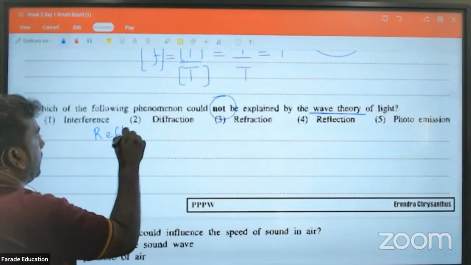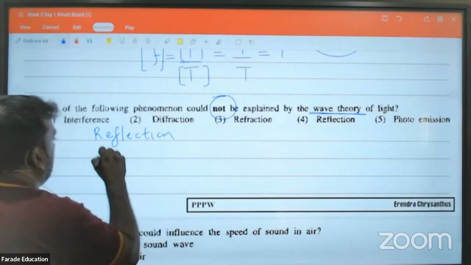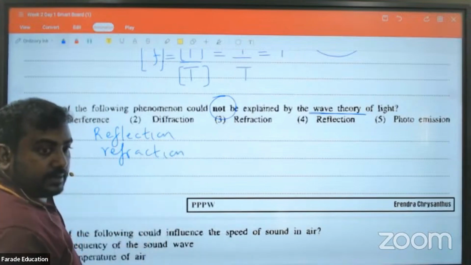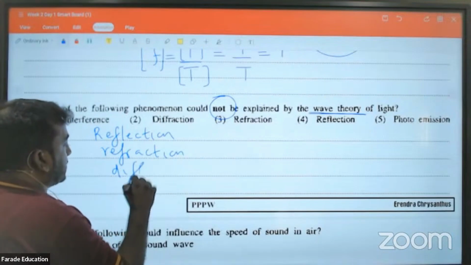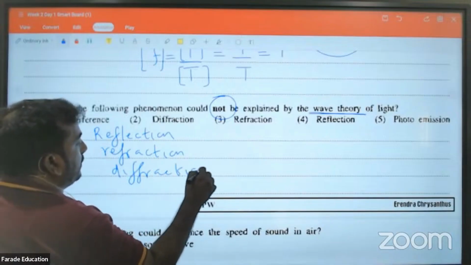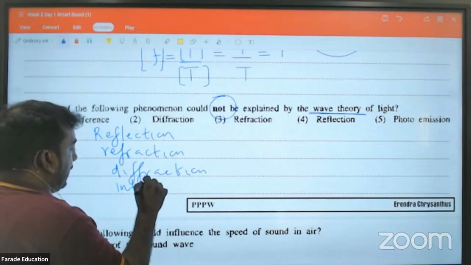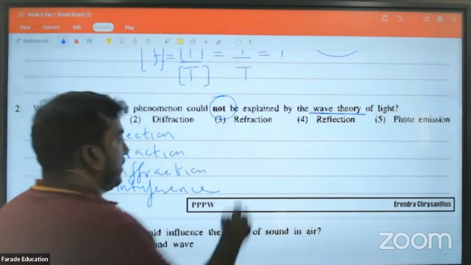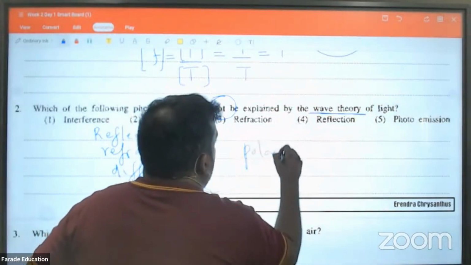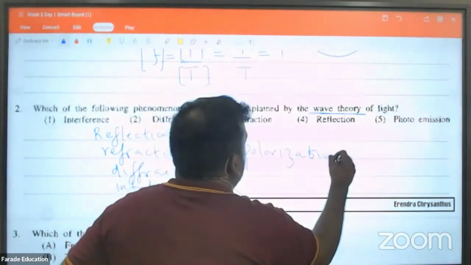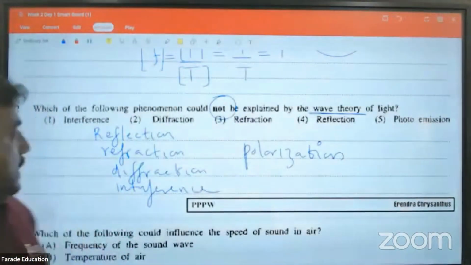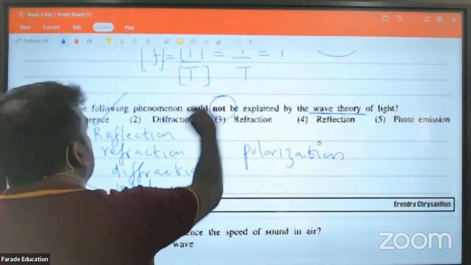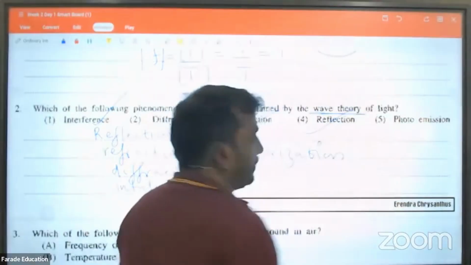Reflection, refraction, diffraction, interference, and then we also learn about polarization. So interference, diffraction, refraction, reflection, all these are wave theory.